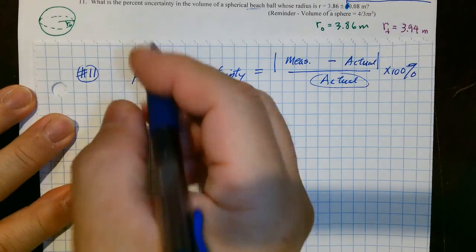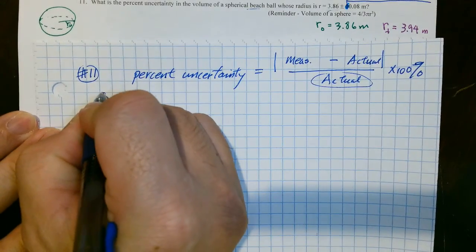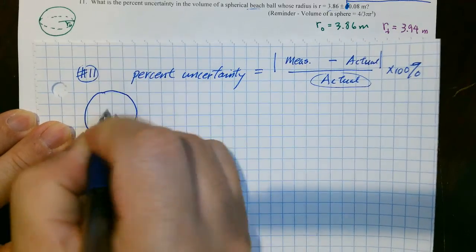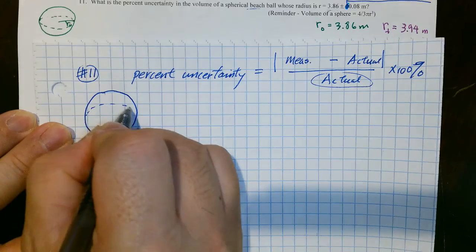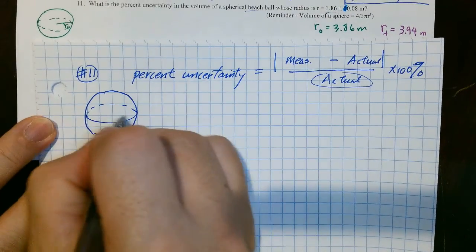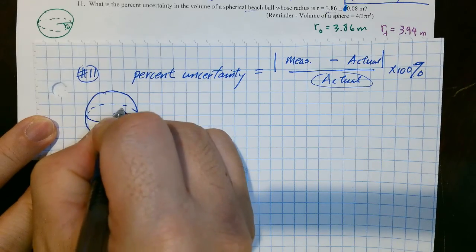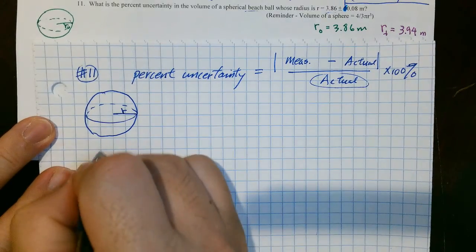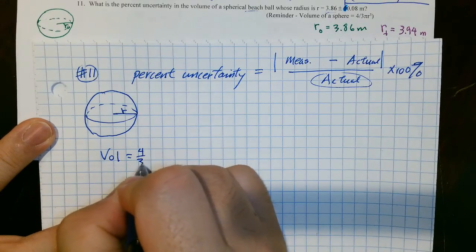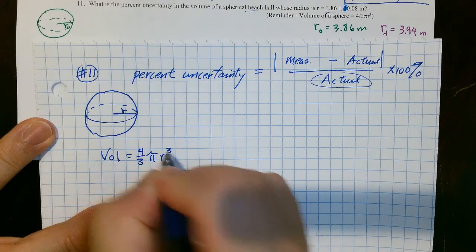Well, anyway, if I look at a spherical beach ball with radius r, the volume of a sphere in general is 4/3 pi r cubed.